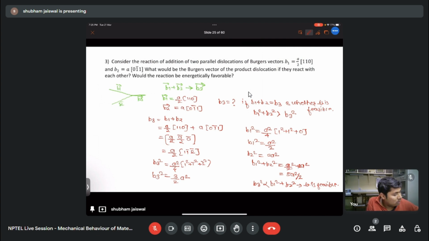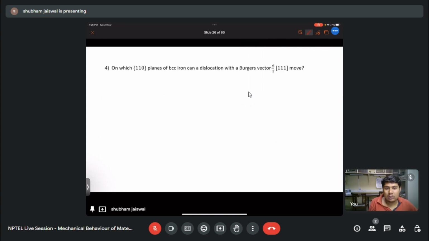Now coming to the next question. The question is: on which {110} plane of BCC iron can a dislocation with a Burgers vector a by 2 [111] move? If a dislocation wants to move on a {110} plane, then their dot product should be 0.